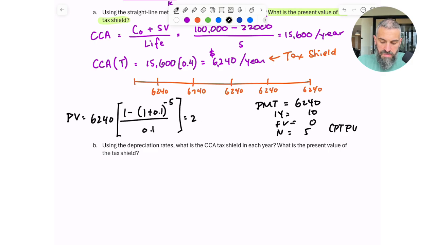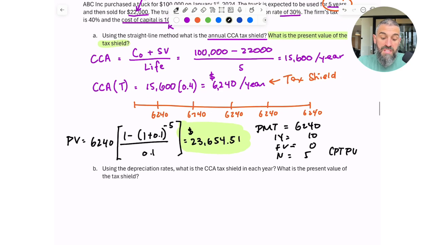So 23,654 and 51 cents. That is the total present value of your CCA tax shield. So all your tax savings over the next 5 years today are worth $23,000.